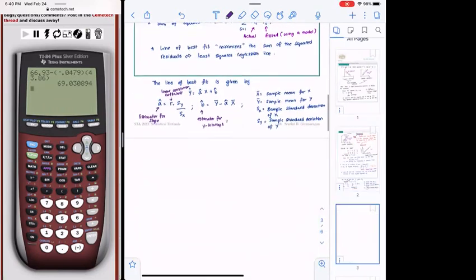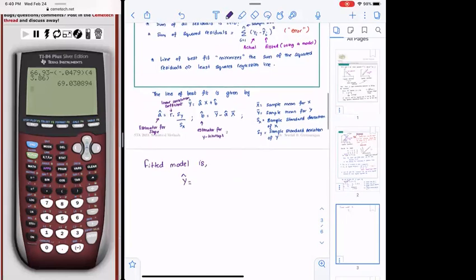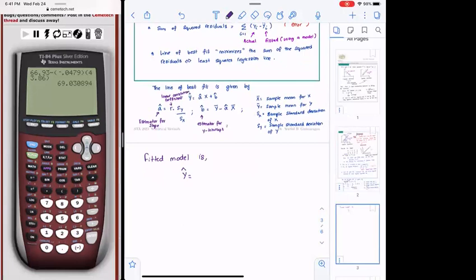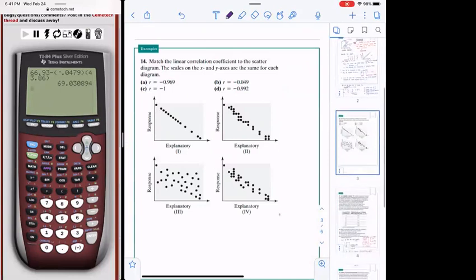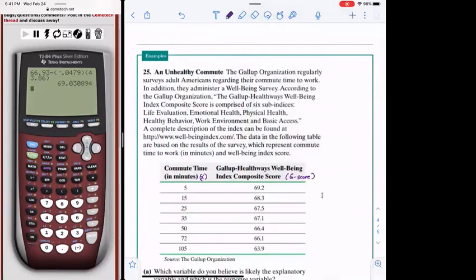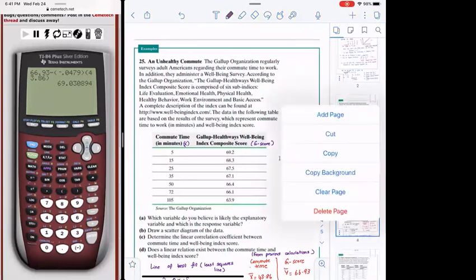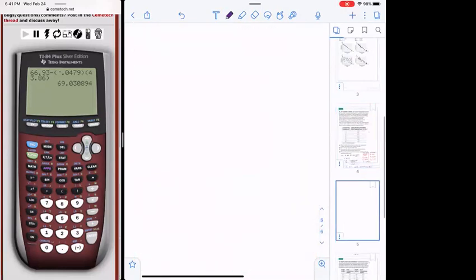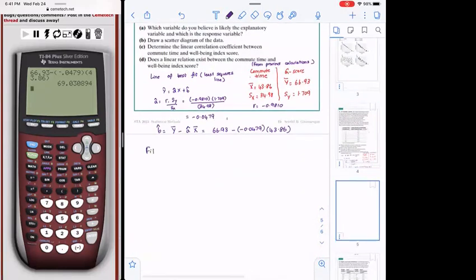So the fitted model here: Y hat equals the value of A hat that we determined, which happened to be negative 0.0479.